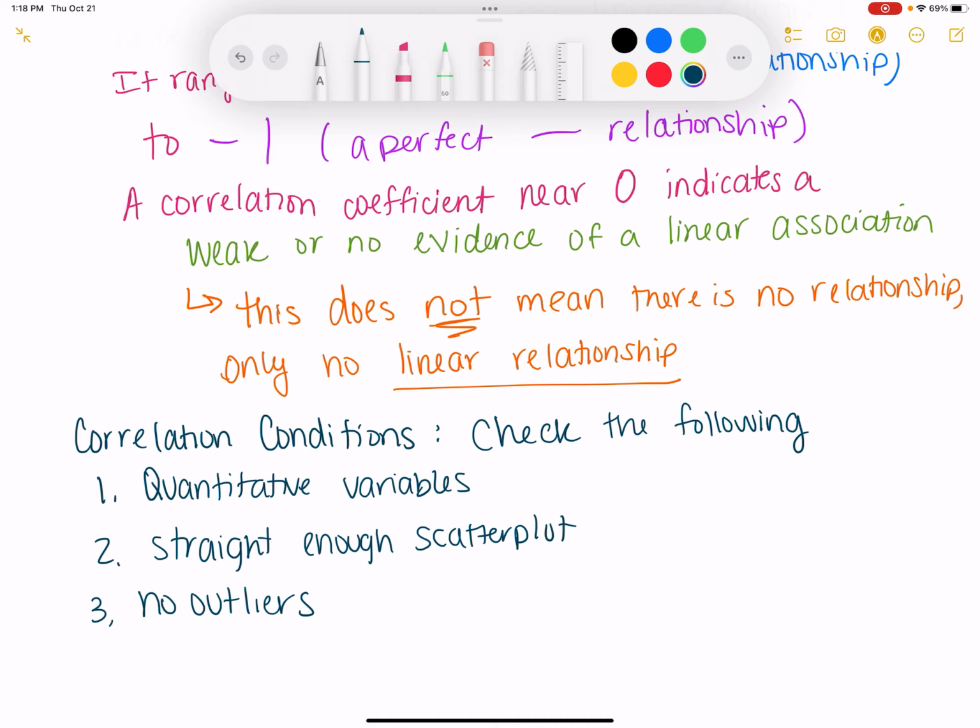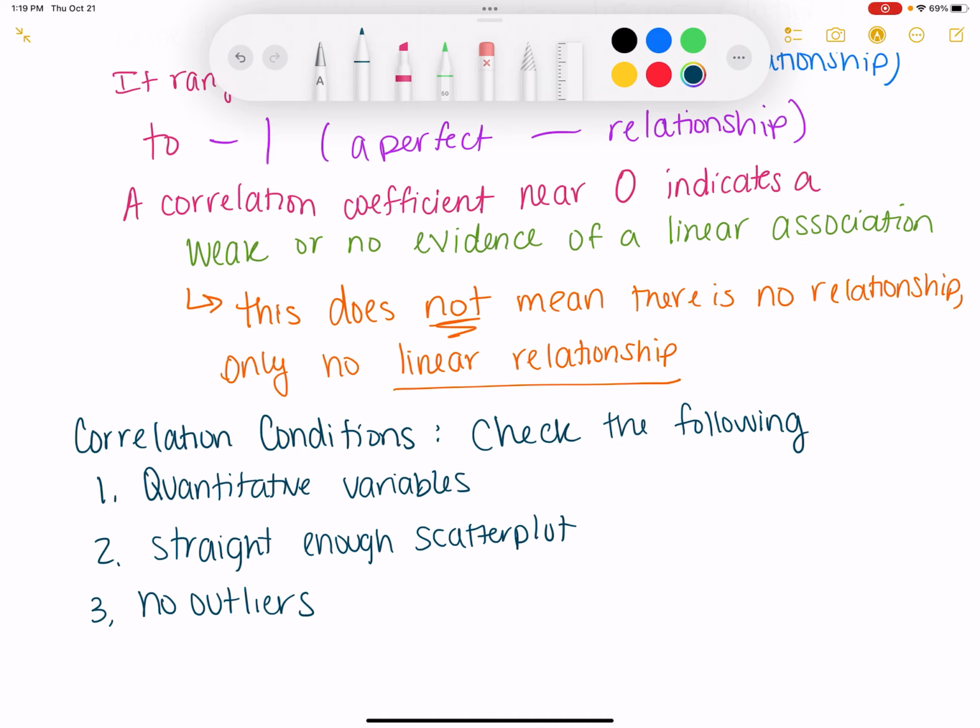But the one that I can almost guarantee someone is going to ignore is the fact that it has to be quantitative variables. What does that mean? Has to be numbers that have a unit. Not like a zip code, not a breed of dog, things like that.